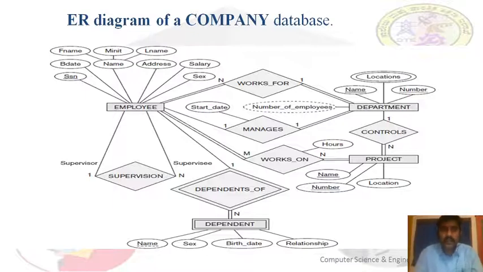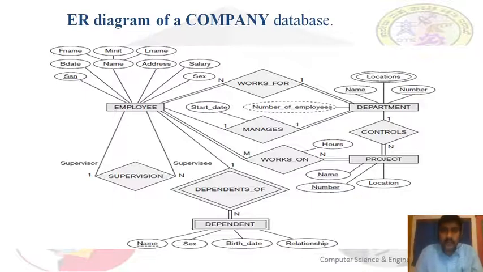So in this session we will discuss the notation for the ER diagram. We know entity type, relationship type, and attributes. We have different notation for each of these. By looking at it we can say this is an entity, this is a relationship, and this is an attribute.